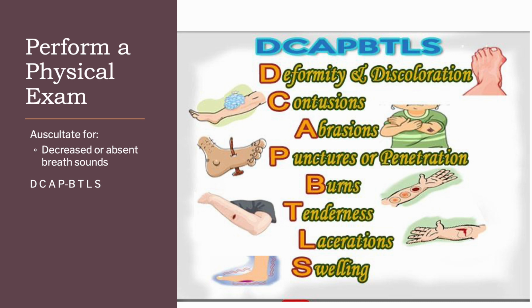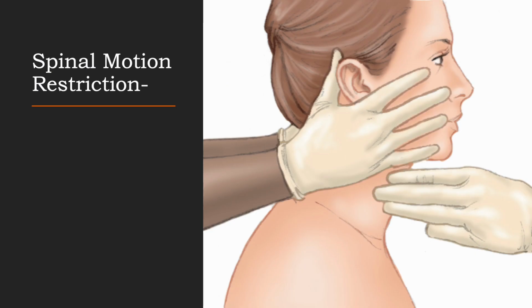I will tell you that if you say DCAP BTLS during your testing for your physical exam, your medical or trauma assessment, your evaluator has the right to say, what does DCAP BTLS mean? And you have to be able to rattle this off. So if you can't say deformities, contusions, abrasions, penetrations, burns, tenderness, laceration, and swelling, don't use that mnemonic.